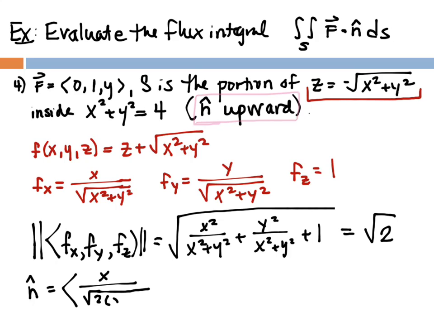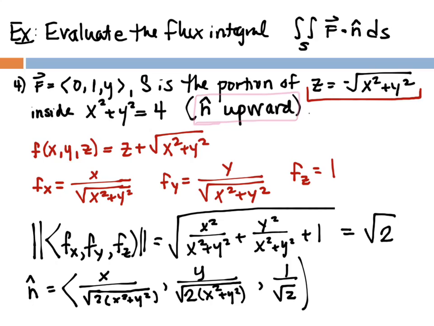We'll write it like this: x over the square root of 2 times the square root of x squared plus y squared. I'll write the second component the same way: y over the square root of 2 times the square root of x squared plus y squared. And then we have 1 over the square root of 2. All right, notation ended.